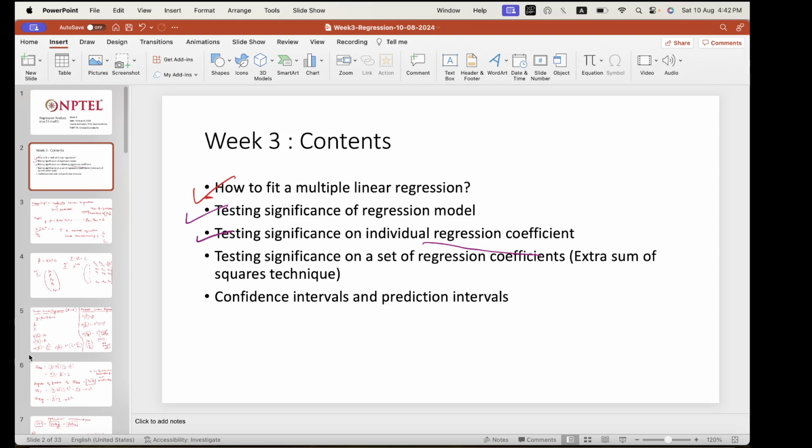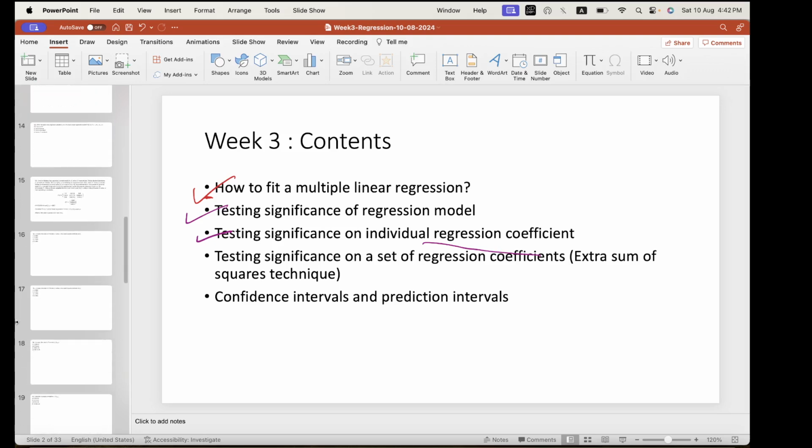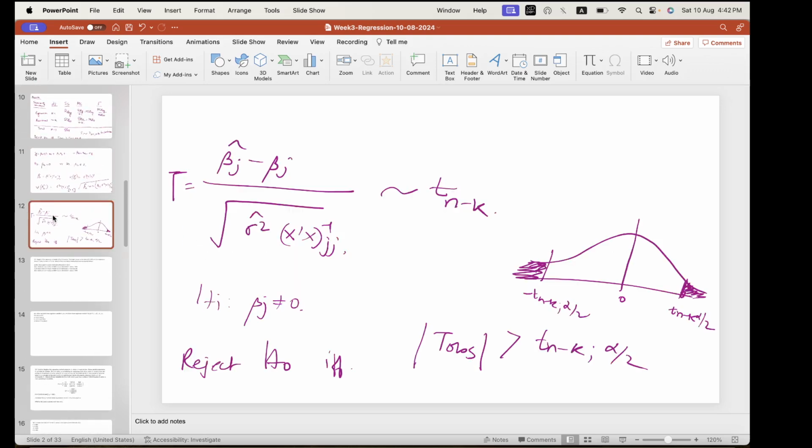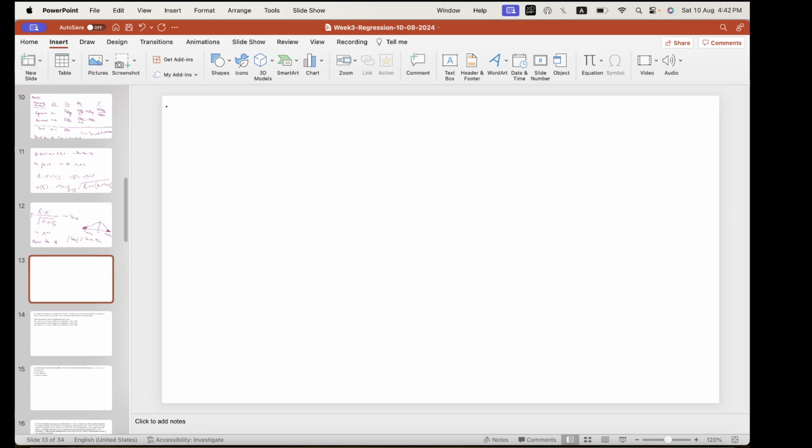Alright, now next comes the situation where we test significance on a set of regression coefficients. So according to the example that I was giving you, let's say we have something like this: y equal to beta naught plus beta 1 x1 plus beta 2 x2 plus beta 3 x3, or some more, beta 4 x4 plus epsilon.